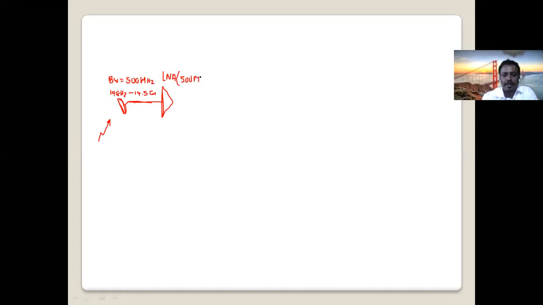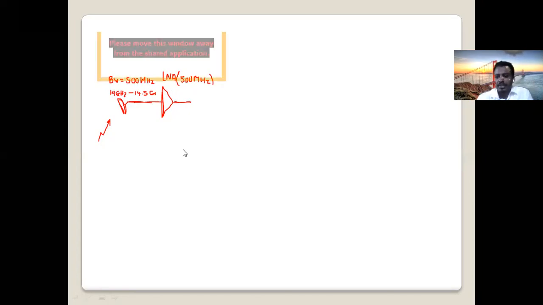So the whole signal is amplified. Why do we call it a low noise amplifier? Because it has high gain and high bandwidth. You can see the whole 500 megahertz signal is amplified by this low noise amplifier with a gain of, let's say, 60 dB, a million times.